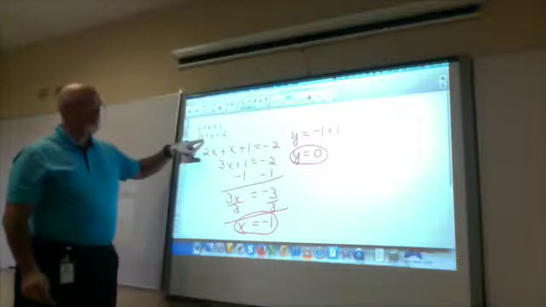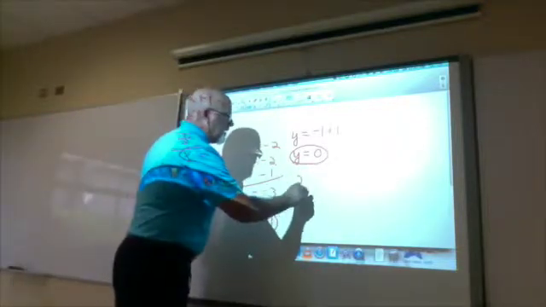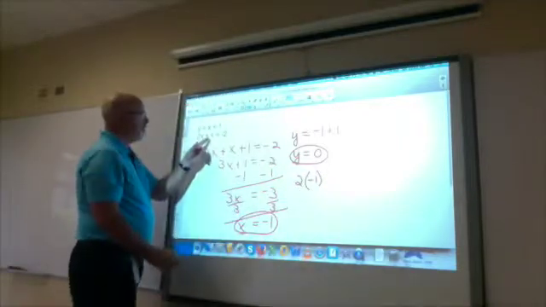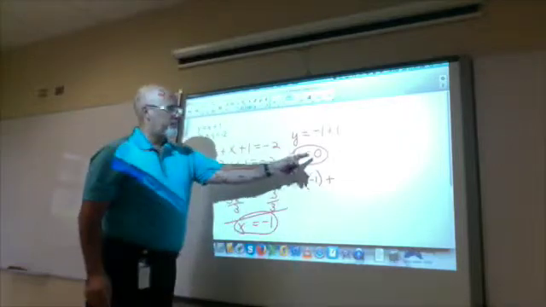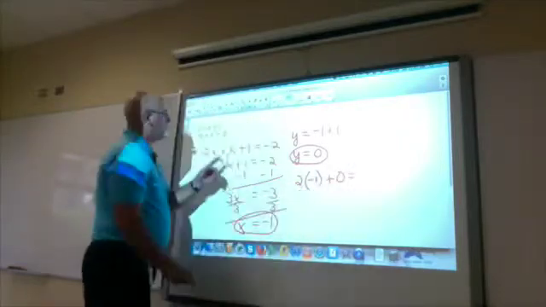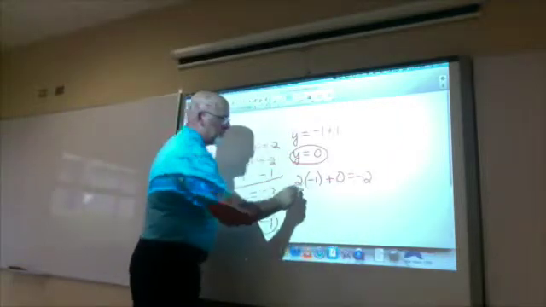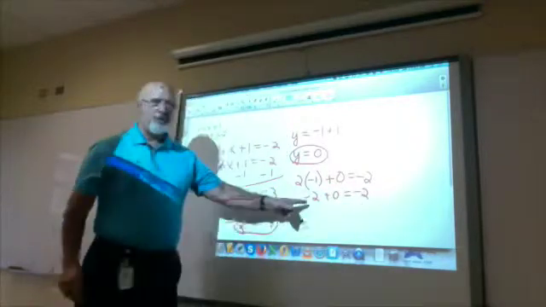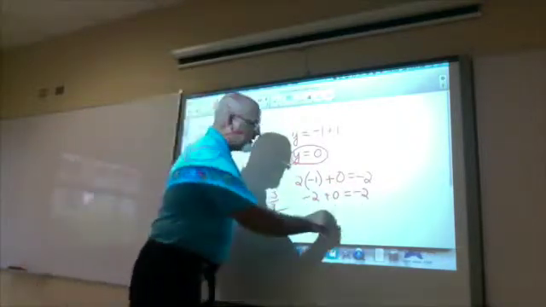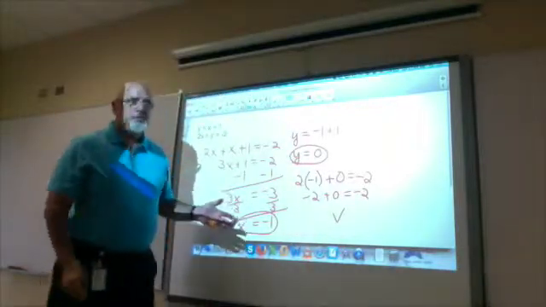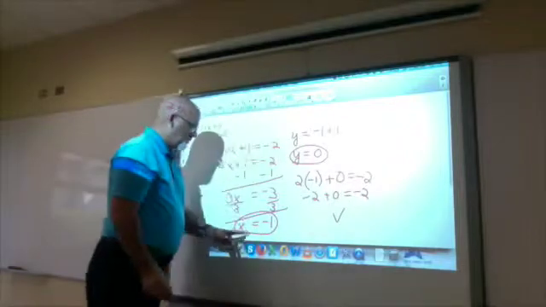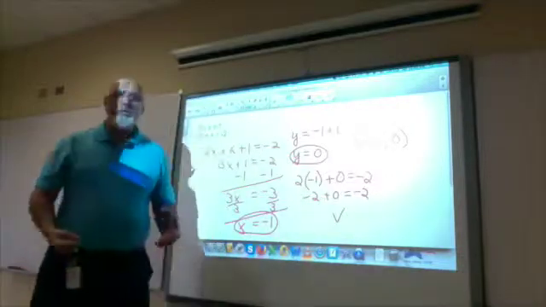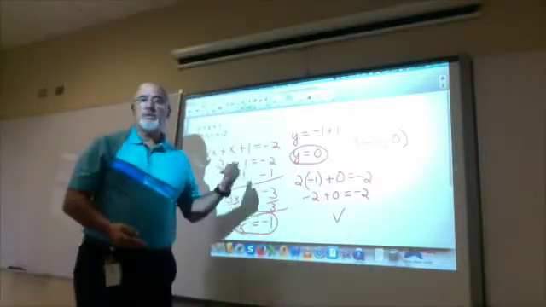So we can take that now and put it into this equation. 2 times x, which is negative 1, plus y, which is 0, equals negative 2. 2 times negative 1 is negative 2, plus 0 equals negative 2. And negative 2 plus 0 is negative 2, so that's a true statement. So that means our answer is x, which is negative 1, and y, which is 0. So that's the coordinate pair that is the solution for our system of equations here.